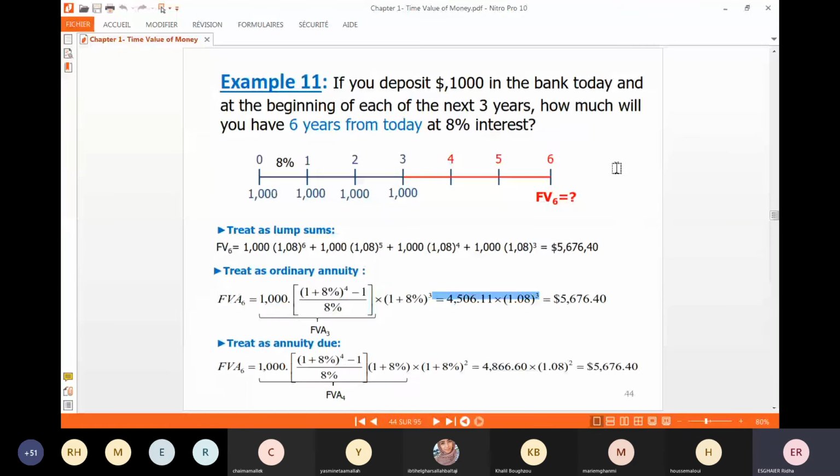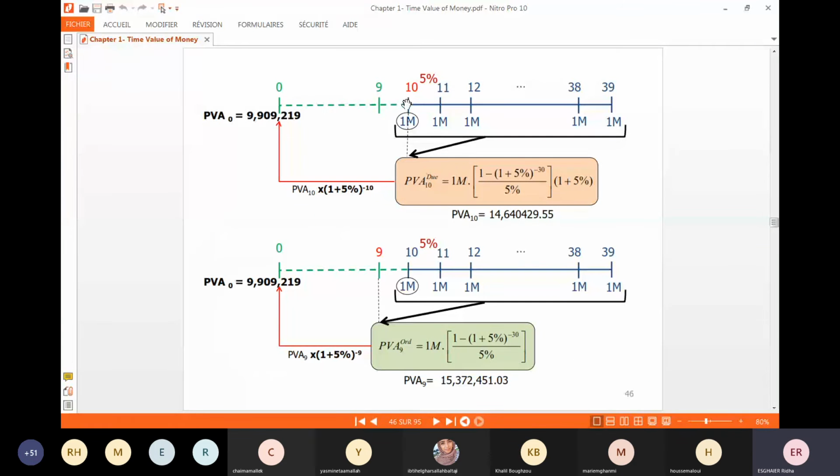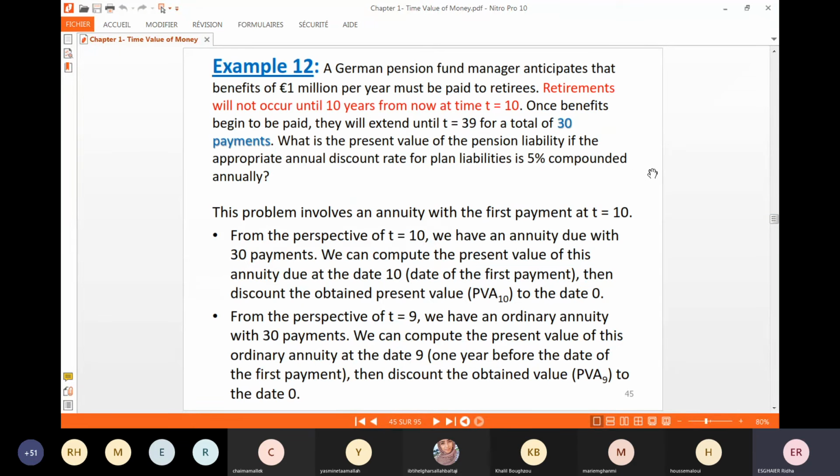If the first amount is paid at date 10, the last amount is paid at date 39. You have 39 minus 10 plus 1 amounts, that's 30 amounts. So the number of 1 million euro payments this pension fund will pay is 30. This is our N, the number of deposits. You don't subtract from it or add to it.